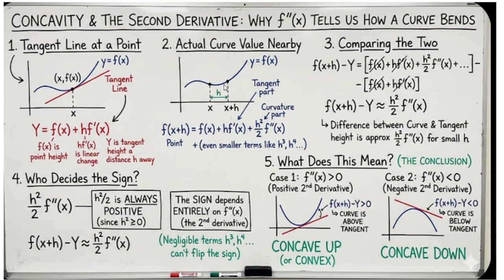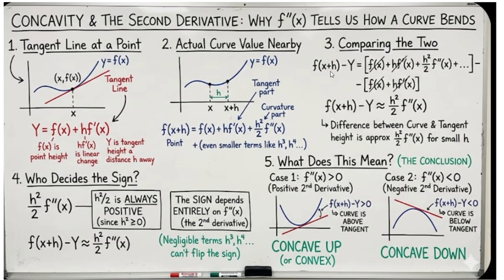Similarly, for the curve nearby that point, from x to x plus h, what is the height of the curve? That is given by Taylor's theorem: f of x plus h is equal to f of x plus h into f dash of x plus h square by 2 into f double dash of x, plus even smaller terms.